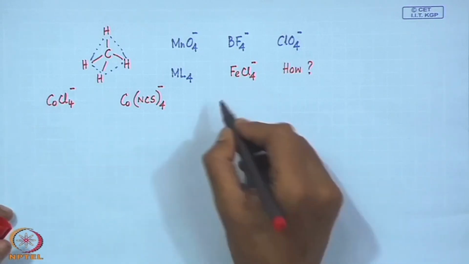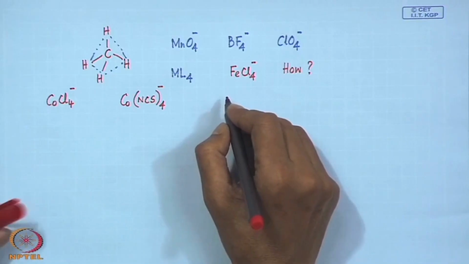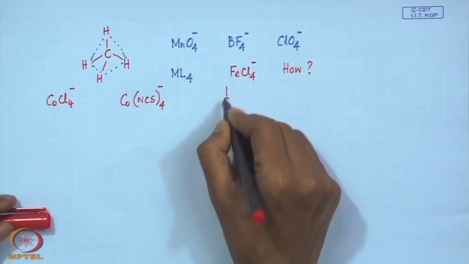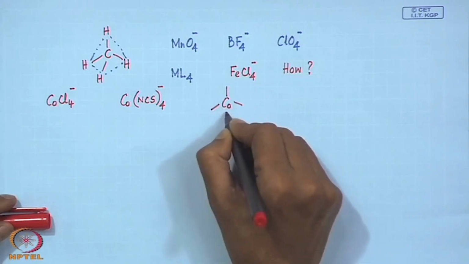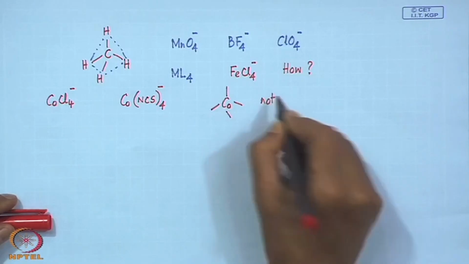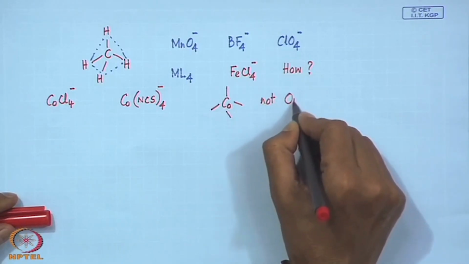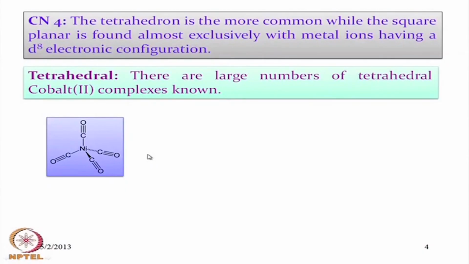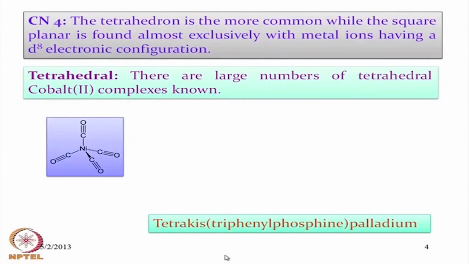So, these are very good useful examples where we see that the cobalt center is preferring a tetrahedral geometry, not favoring the corresponding octahedral one. So, these are therefore very useful examples of coordination number of 4.